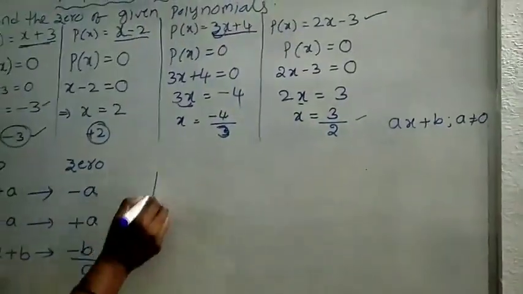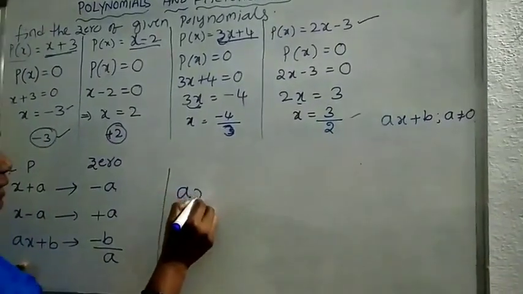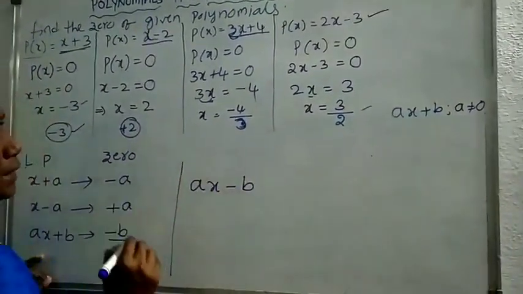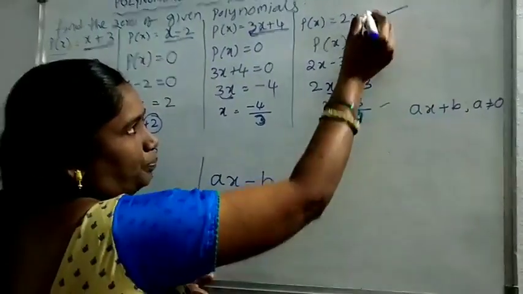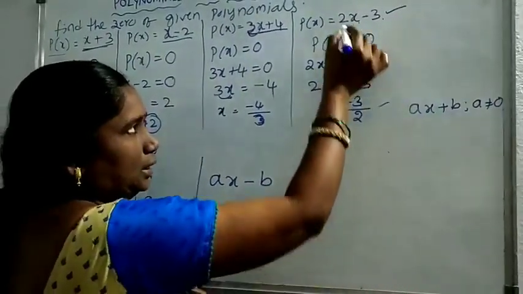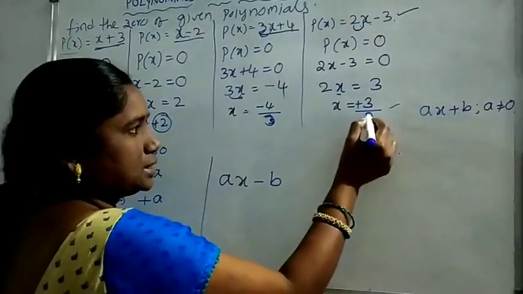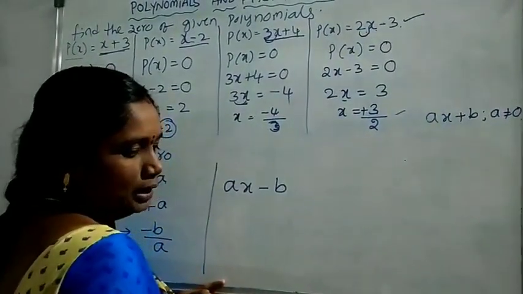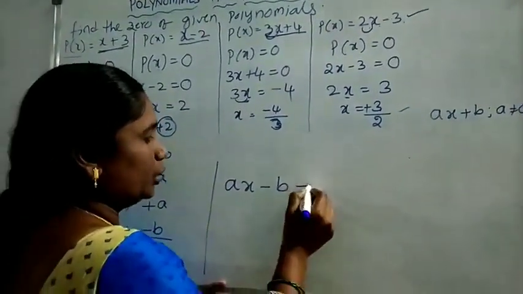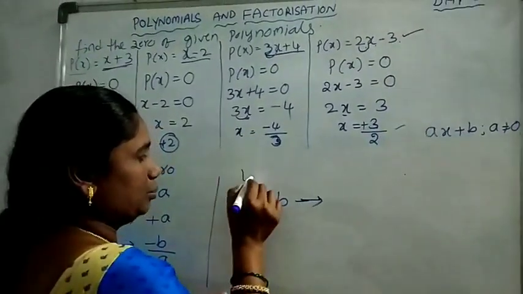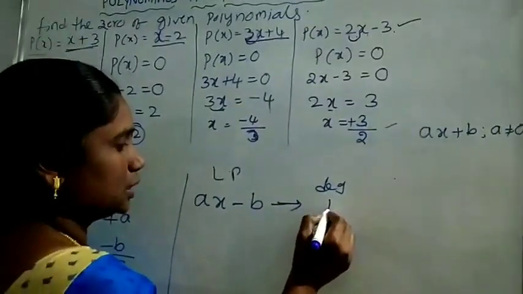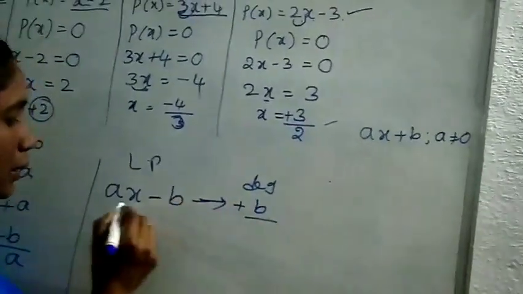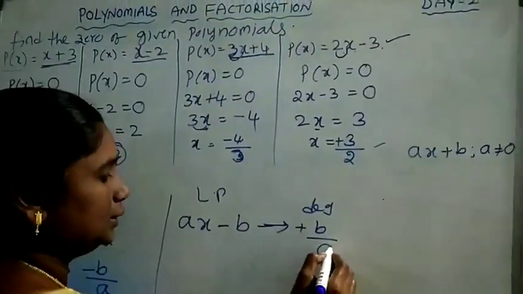Okay, children? If the linear polynomial is in the form of ax minus b, like 2x minus 3, the minus 3 becomes plus 3 and the coefficient of x goes to the denominator. So, ax minus b is the linear polynomial. Here minus b becomes plus b, so b by a.